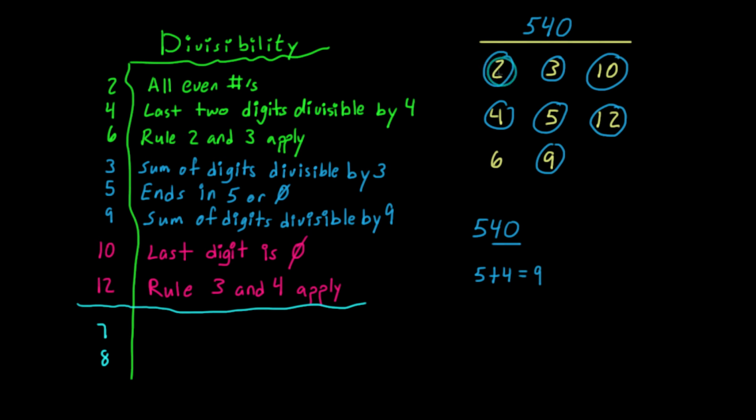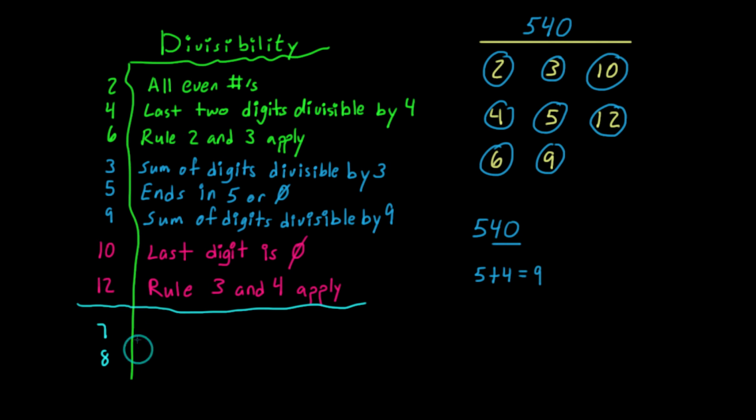Since 540 is divisible by 2 and 3, it must be divisible by 6. Now this information comes in handy.